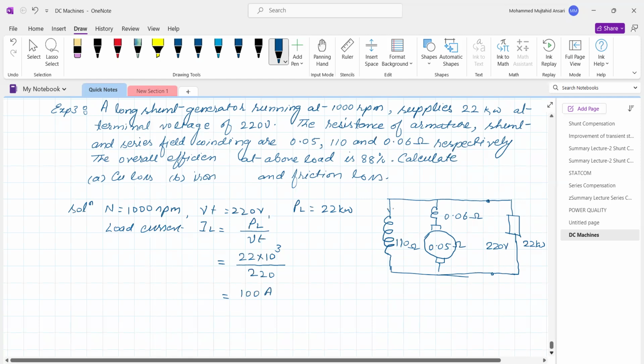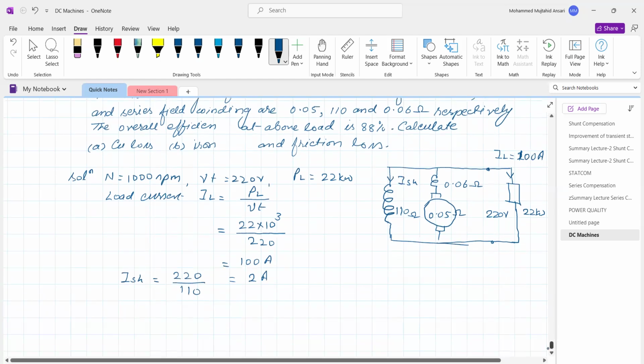Now Ish, shunt field current, is terminal voltage 220 divided by 110, so it is 2 ampere. Hence, Ia armature current is 100 plus 2, it is 102 ampere. This is the armature current.